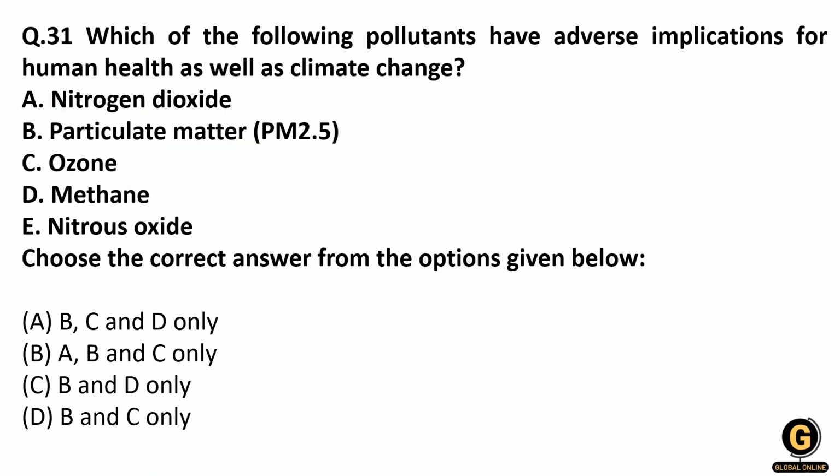The question is, which of the following pollutants have adverse implications for human health as well as climate change? They have given us five chemicals or pollutants and asked which of them have adverse implications on human health. First, particulate matter. Students, you might hear in the December winter month in Delhi, people talk about the particulate matter level going high. So what happens if the particulate matter 2.5 level goes high?